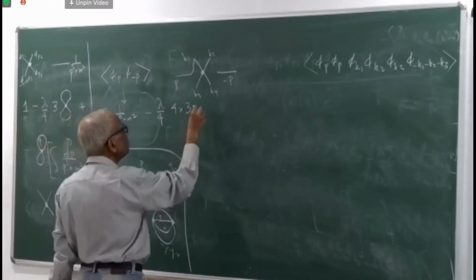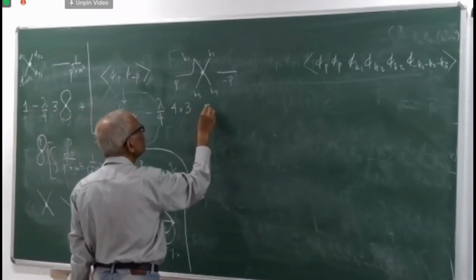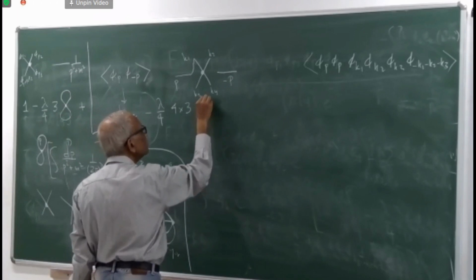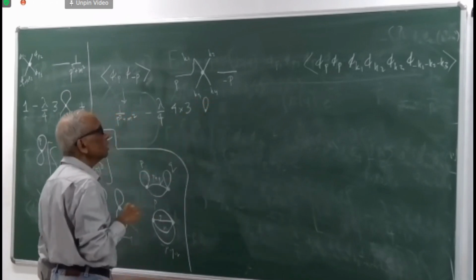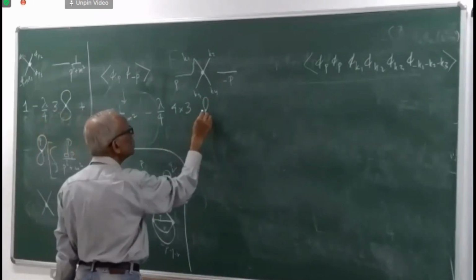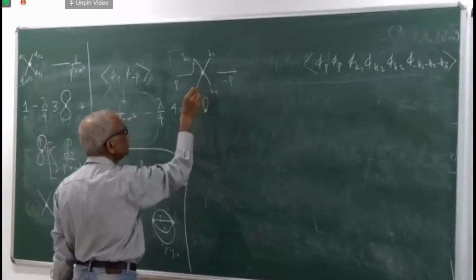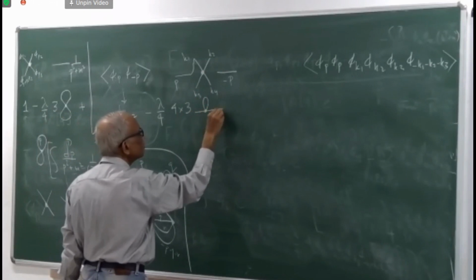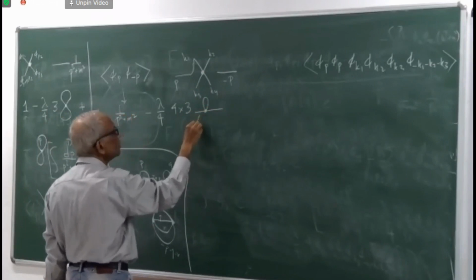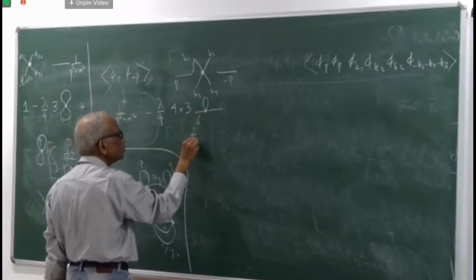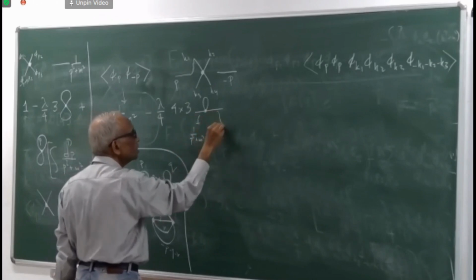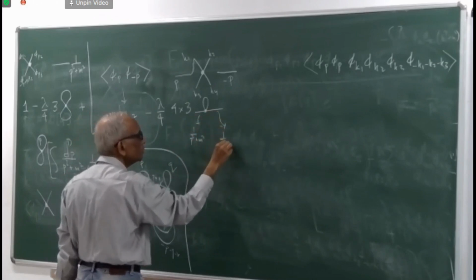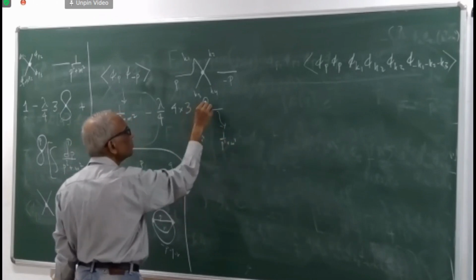And then you have this integral. There is a 1 over P square plus M square from here. There is a 1 over P square plus M square from here.